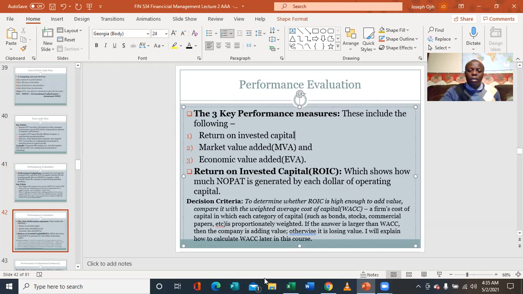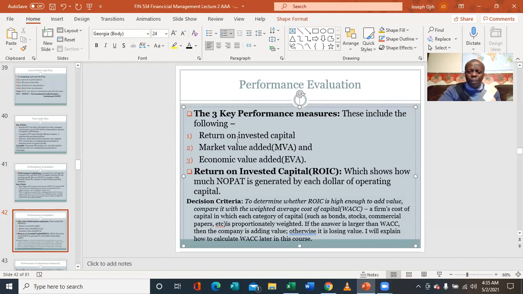So we're looking at them one by one. If the company has a negative cash flow, but it is adding value, we'll find out if we use return on invested capital, or any of these performance evaluations. They will tell us, oh, this company is adding value. That means the stock price will eventually rise, even though the cash flow is negative.